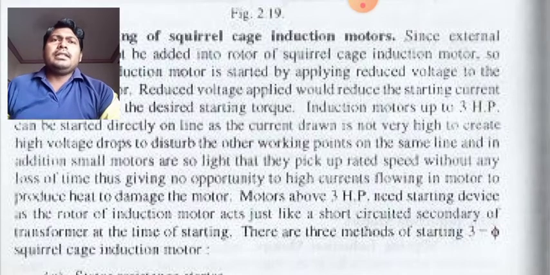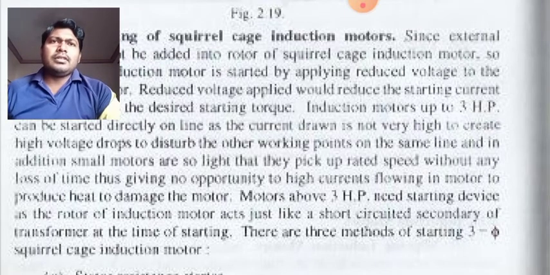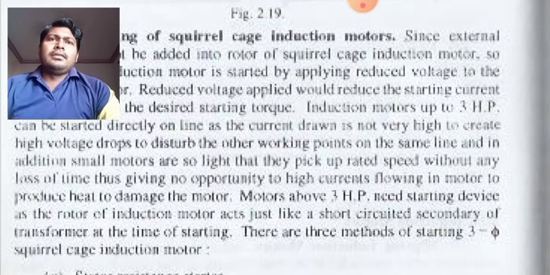If it is a slip ring type of induction motor, then external resistance can be inserted or added in the rotor circuit, which increases its torque and limits or decreases the current. But if it is not a slip ring motor and is of the squirrel cage type, how do we limit the current?